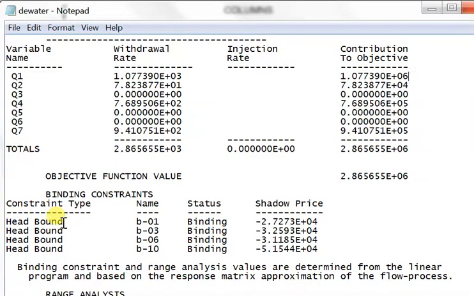What we find is that of the 10 constraint locations, only 4 of them are binding. And what this means is that those are locations where the head is exactly 50. And what we will find is that at the other constraint locations, the head is below 50, less than 50.